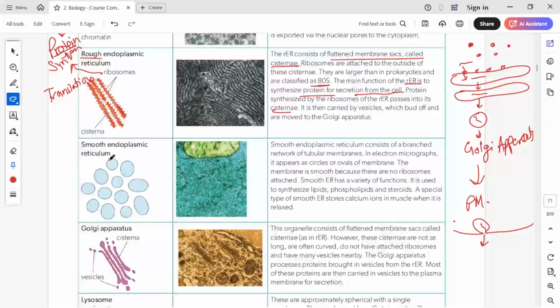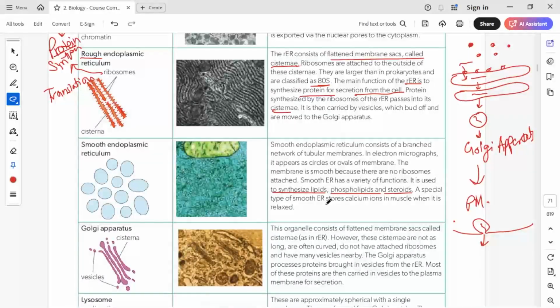Next is smooth endoplasmic reticulum. Endoplasmic reticulum is basically of two types: rough endoplasmic reticulum and smooth endoplasmic reticulum. Now, rough endoplasmic reticulum's function was protein synthesis, and smooth endoplasmic reticulum's function is basically the production of lipids. It is used to synthesize lipids, phospholipids and steroids.